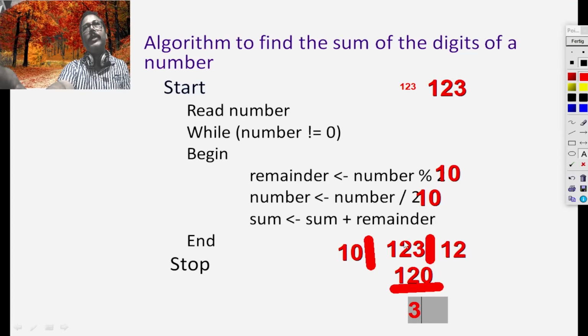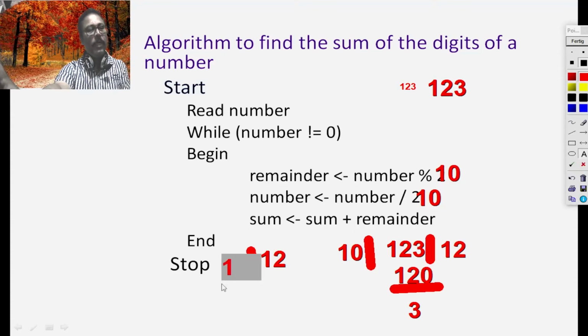So now I can add the remainder. Now I got the 12. I should store it. And what do I have to do again? I have to take the 12 and again divide it by 10.